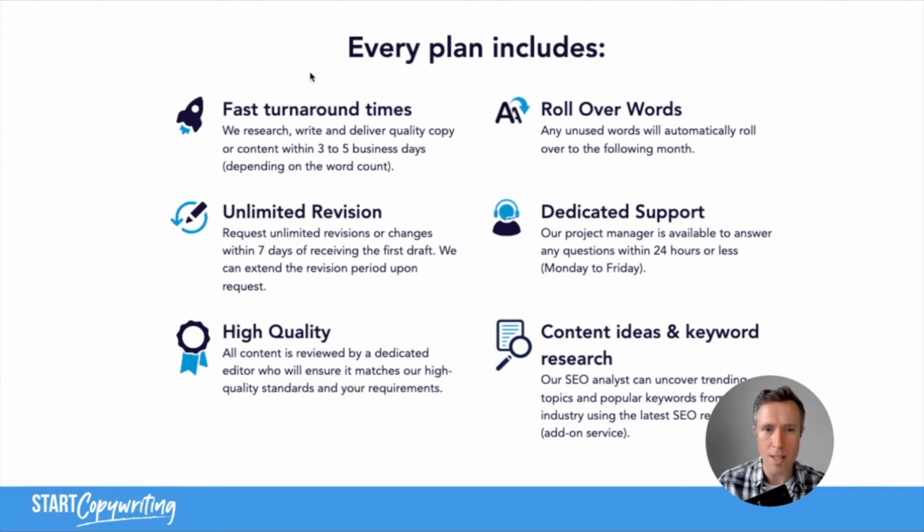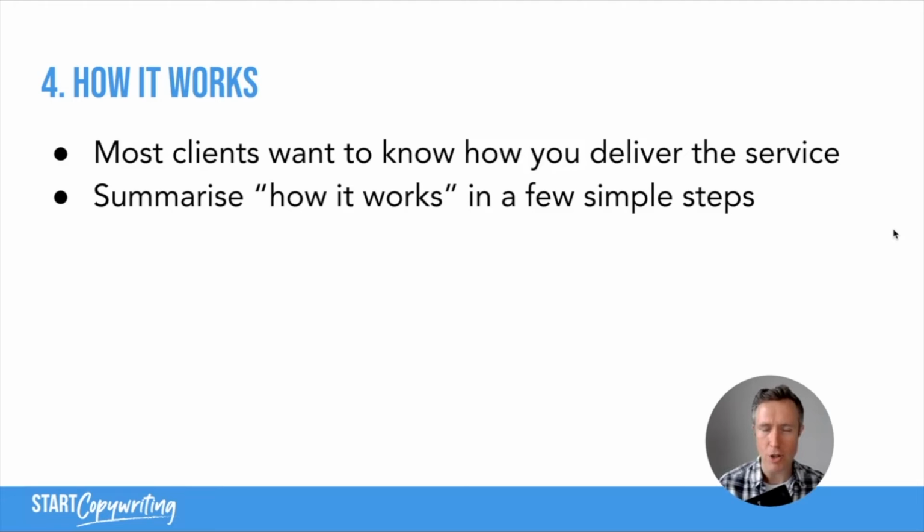Now, these are all of the different features, like you can get unlimited revisions for 7 days, you get dedicated support, but then the copy, the paragraph underneath each of these headings, which are all the separate benefits and features, talks about the real benefits to the client, right? So reading this, they get a sense of what they get, the features, but also how each of these features benefits them.